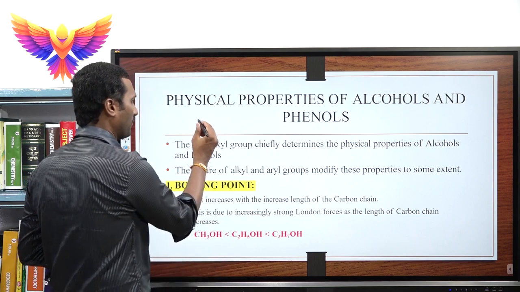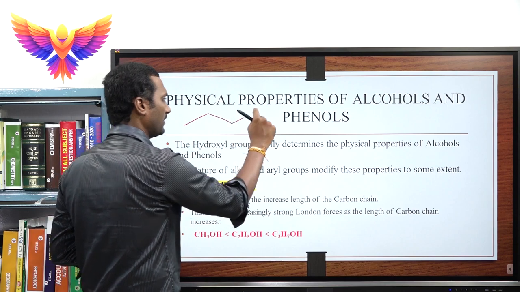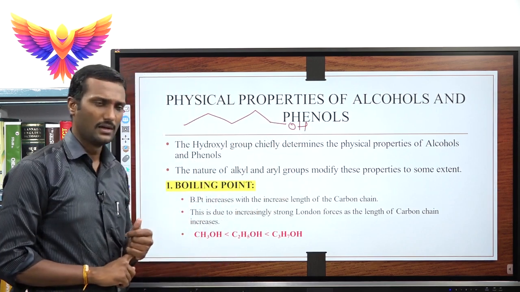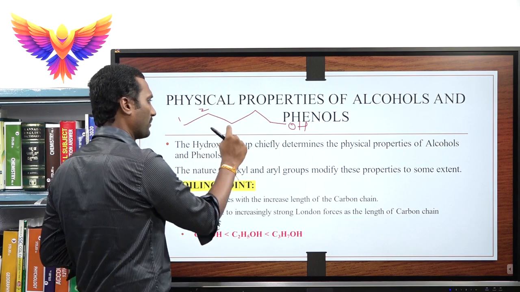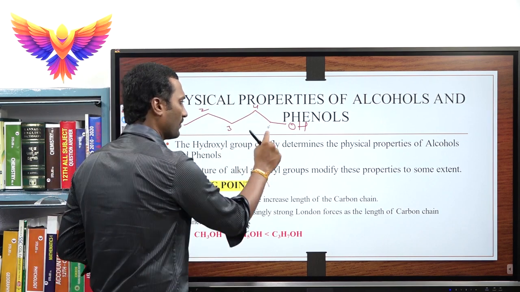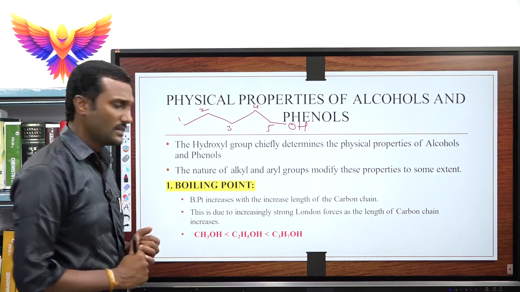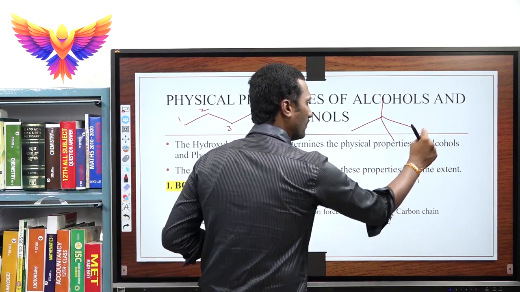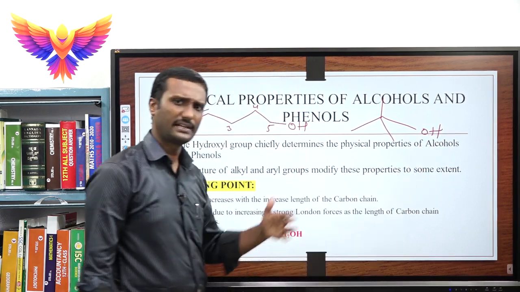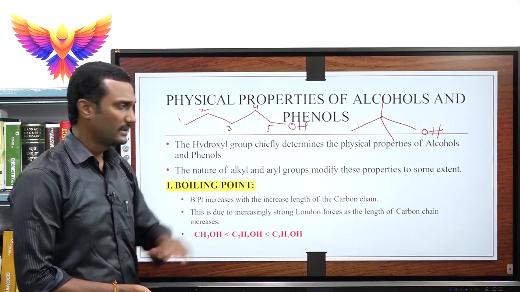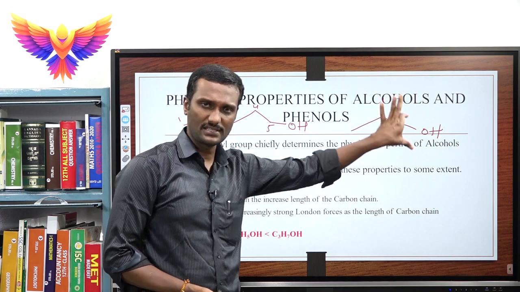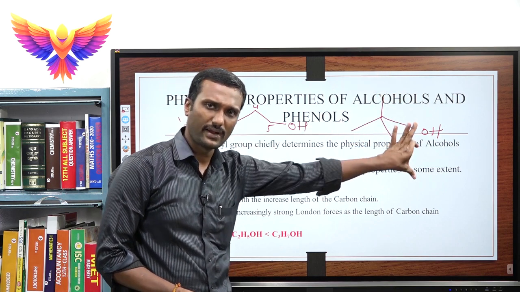Suppose you take 5 carbon atoms, 1, 2, 3, 4, 5, and here an OH group is attached. This is the alcohol. Now we can write it also as 1, 2, 3, 4, 5 OH, right? This is also one of the structures, an isomer of the alcohol. Then we can say surface area has decreased and the van der Waals force has decreased.